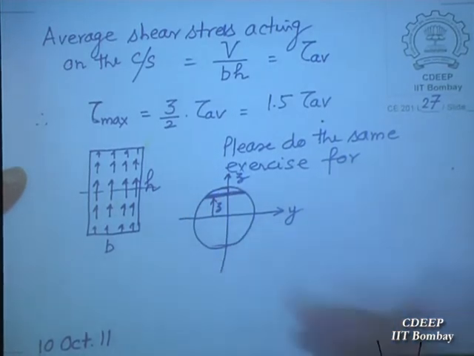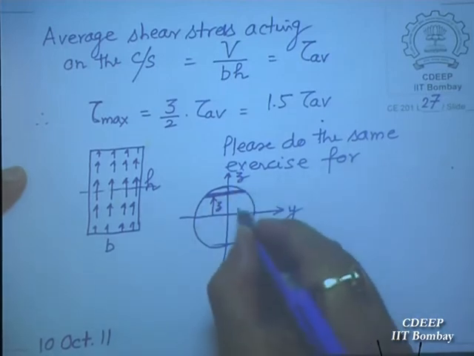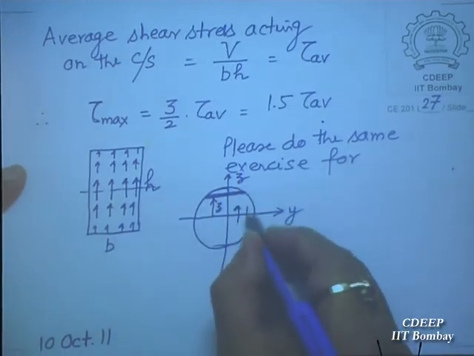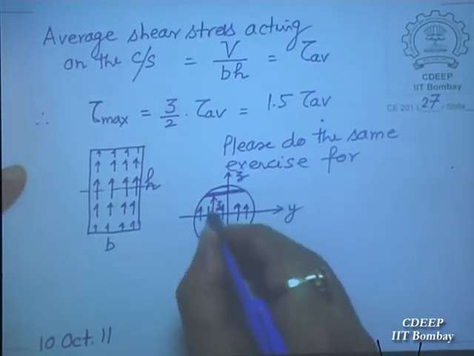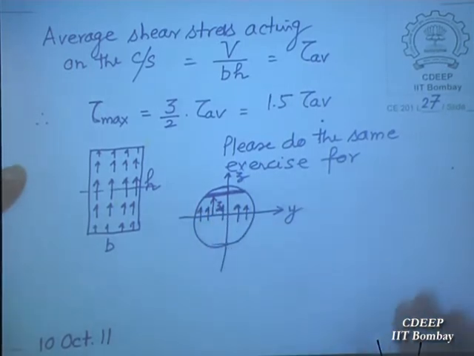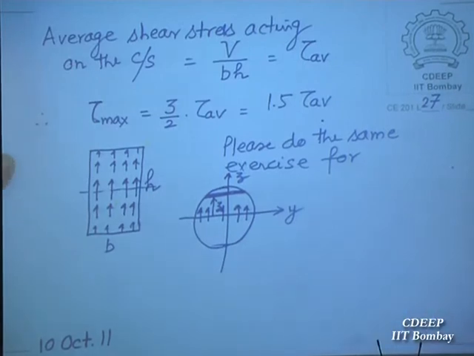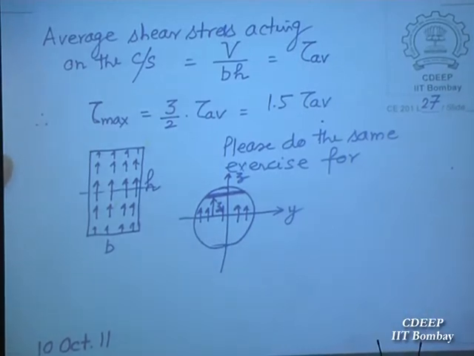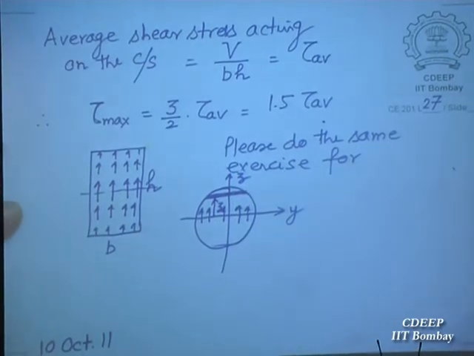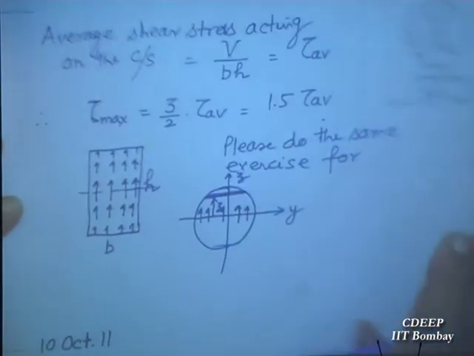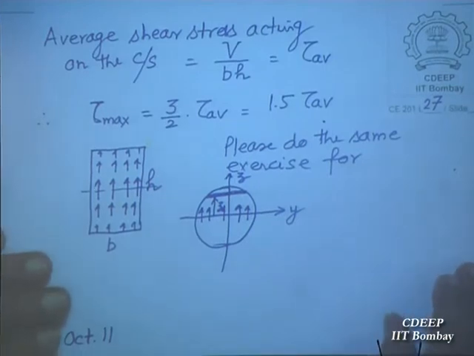Then find out the maximum value acting on the neutral axis, and also the variation of the shear stress for a circular cross section. It may not remain quadratic. Quadratic came only for the rectangular cross section. So please do the exercise for the circular cross section.